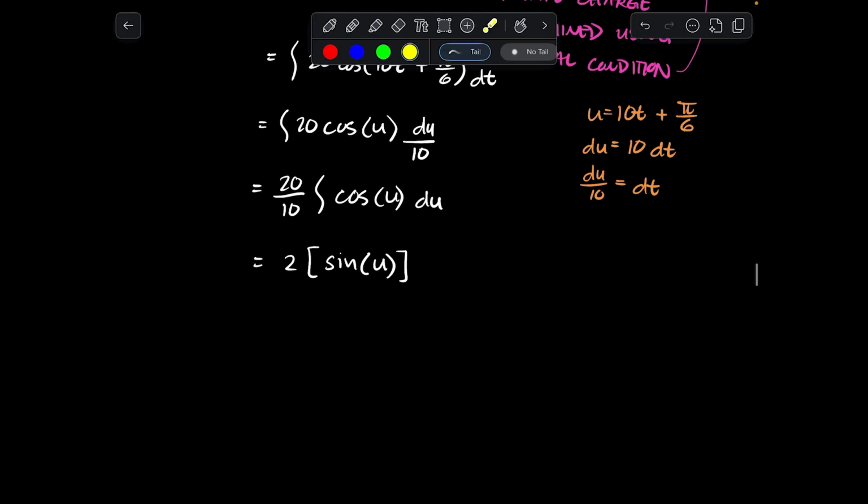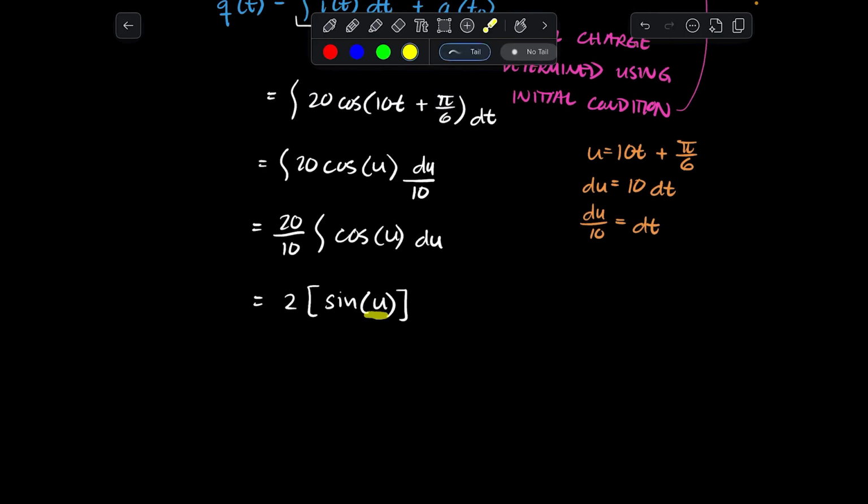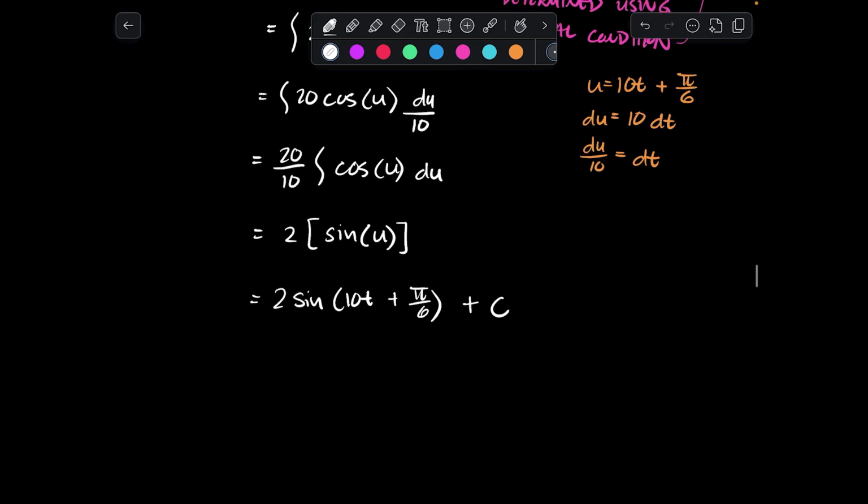And we'll plug back in the original value of u, which is 10t plus pi over 6. And we get 2 times sine of 10t plus pi over 6. Again, because this is an indefinite integral, we have some constant left over.